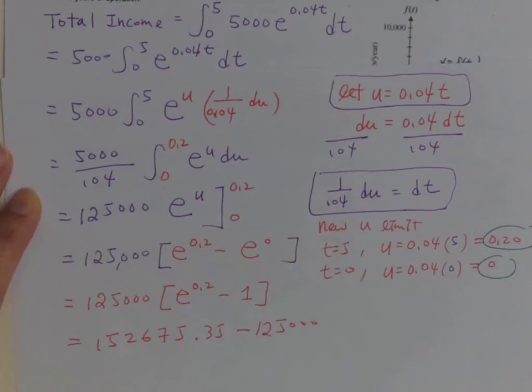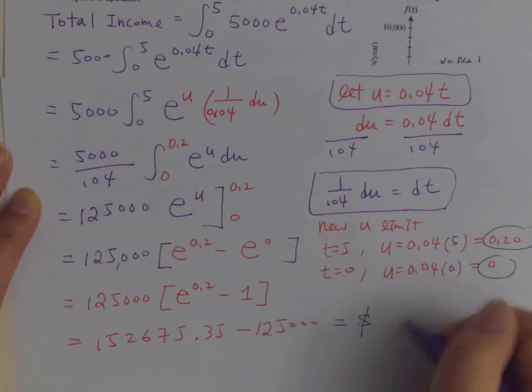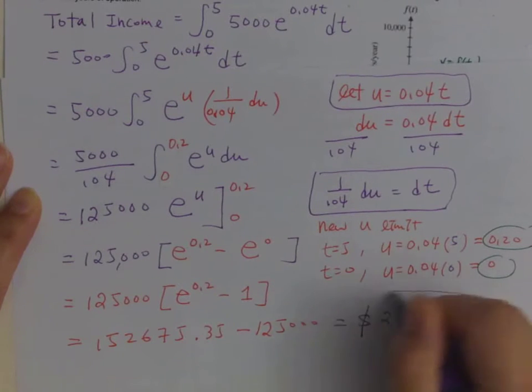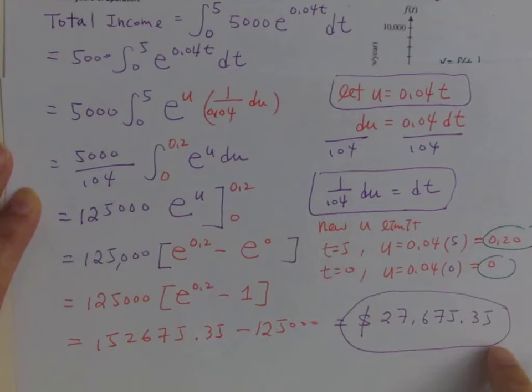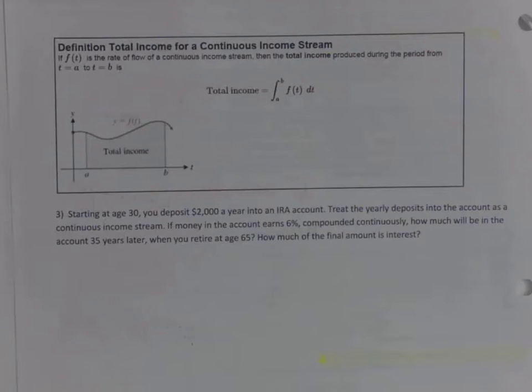So together we will get about 27,675 and 35 cents. Depending on if they want the cents, that would be it. If they want it to be a whole number, that would be that. So this is trying to find the total income after you install the vending machines from 0 to 5 years. Alright, so that's the first example.